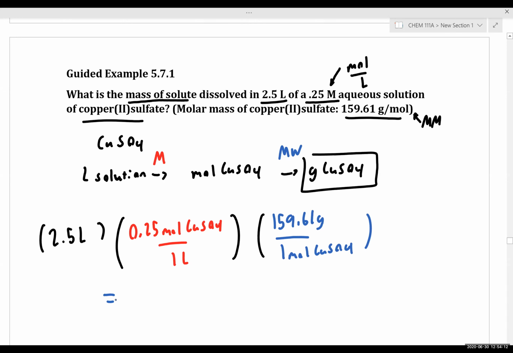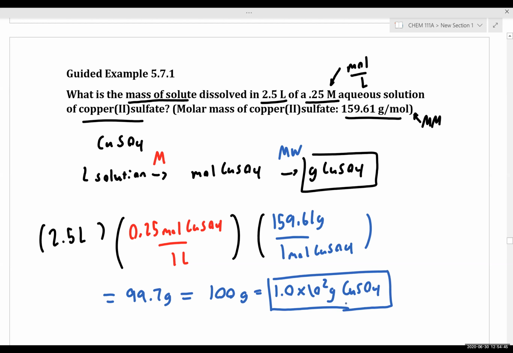And that in turn gives us, once we enter it into our calculator, a mass of 99.7 grams that we in turn round to 100 grams that we write as 1.0 times 10 to the second grams of copper sulfate to respect the fact that our answer should have 2 sig figs.